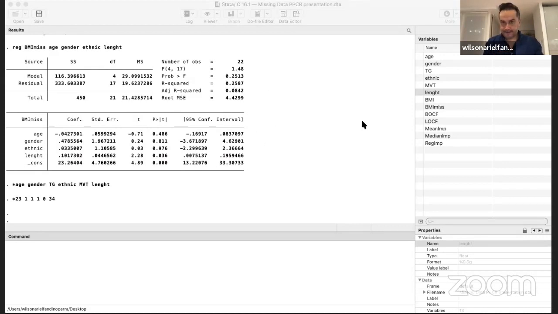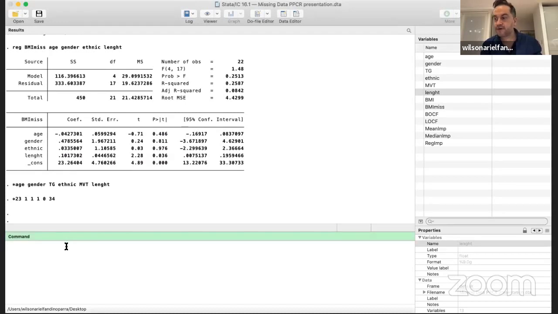Okay, great. So this is the regression imputation, and finally, I promised you to finish in 10 minutes, so I'm going to explain the multiple imputation. It's a little bit trickier, but I'm still able to explain it.